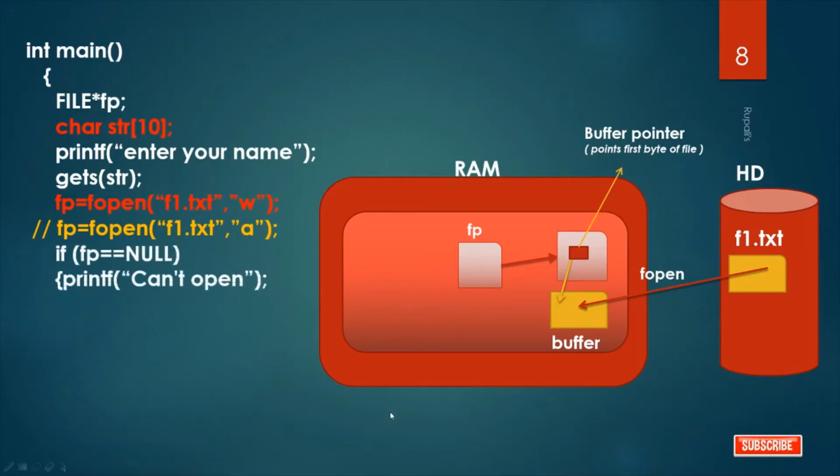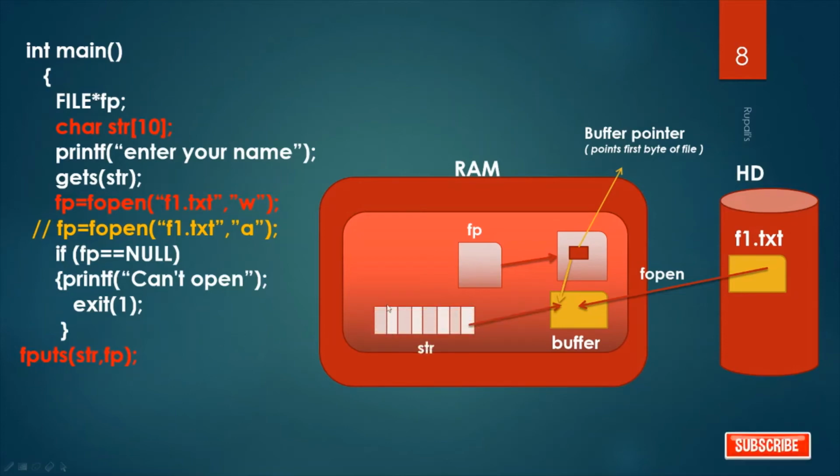If fp is null, then we can say it can't open the file. Otherwise, you write fputs(str, fp), meaning I want to write that string to the file which is pointed to by fp. So this is our string, and I want to write this string to this file.